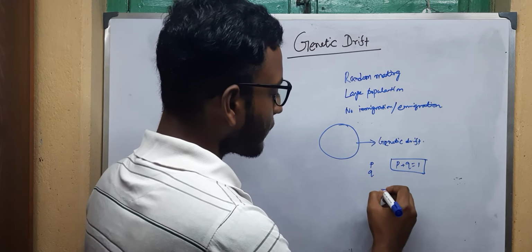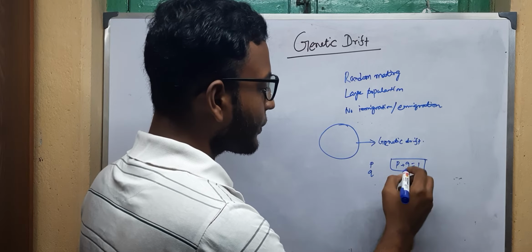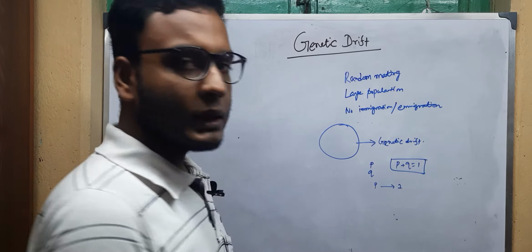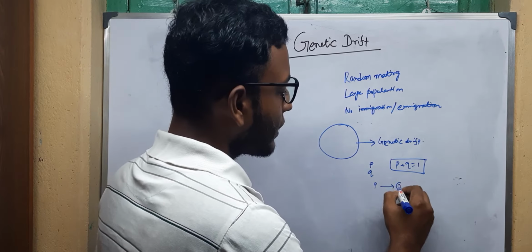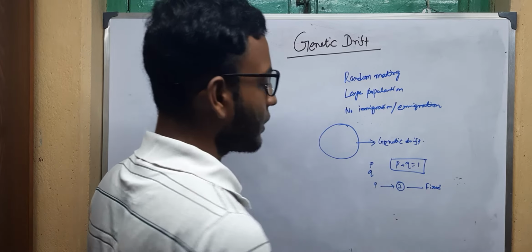If the frequency of the P allele is 1, this is termed the fixed one.